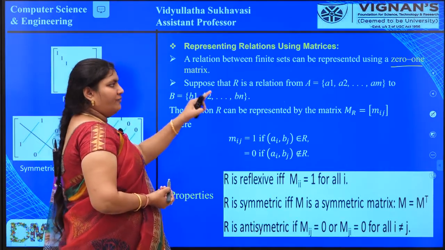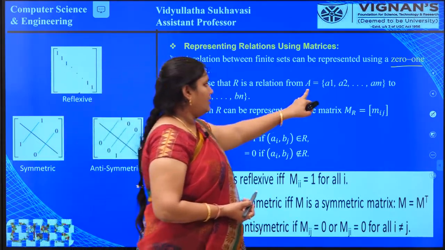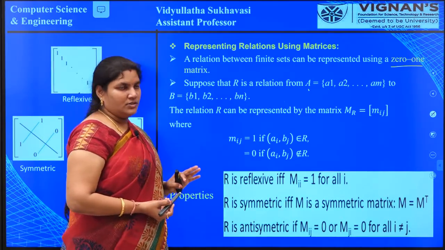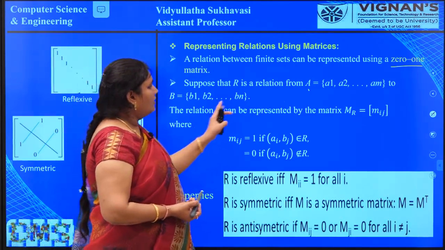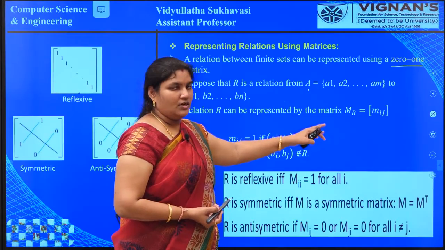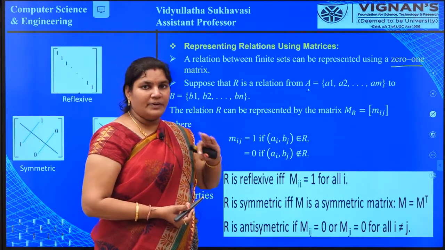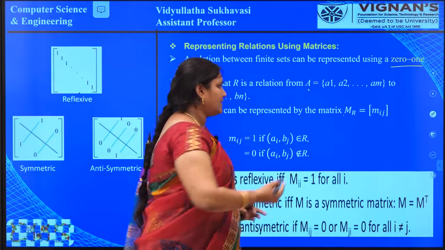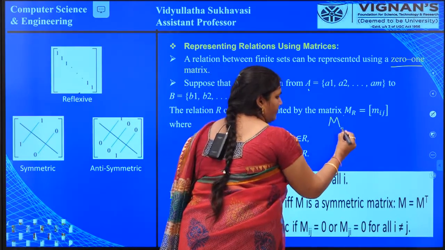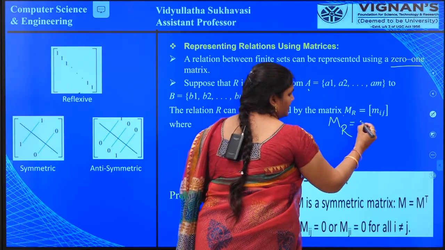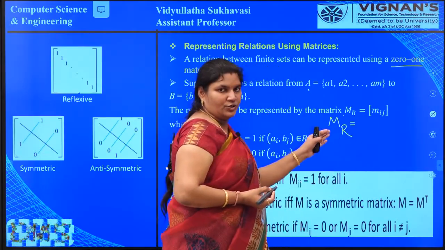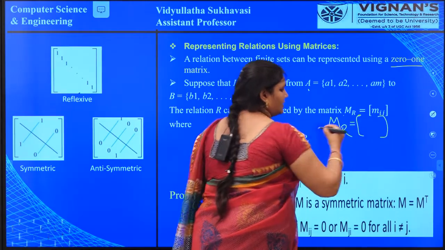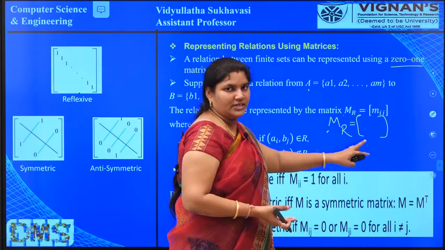If you take A and B as two sets with a relation, then in matrix representation, the matrix will be denoted as capital M suffix R, and this matrix representation of the relation contains the elements.